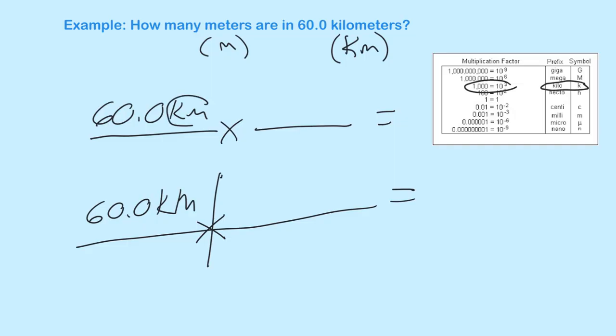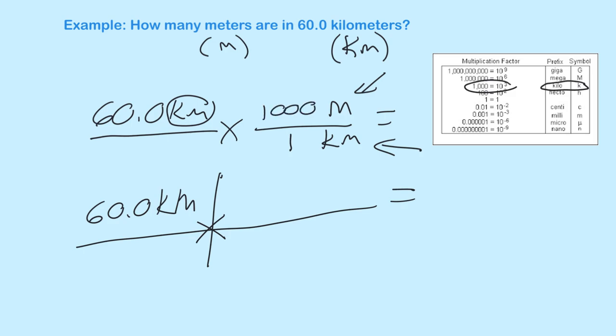Whatever unit is here, kilometers, needs to go there. Whatever unit I'm converting to goes in the top right. Whatever I'm trying to get rid of goes in the bottom right. To get the numbers, I just look at kilo, that is 10 to the third. So that means that 1 kilometer is 1,000 meters.